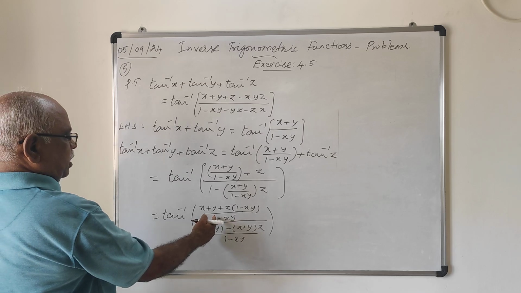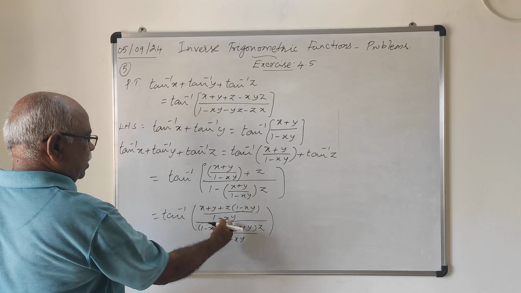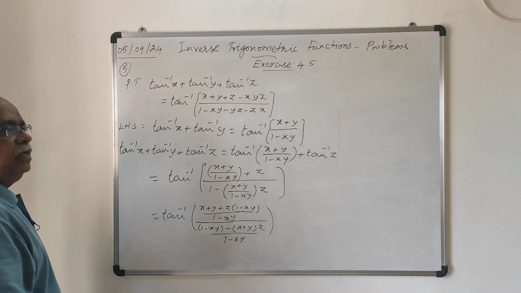So the 1 minus xy in the numerator and the 1 minus xy in the denominator get cancelled.